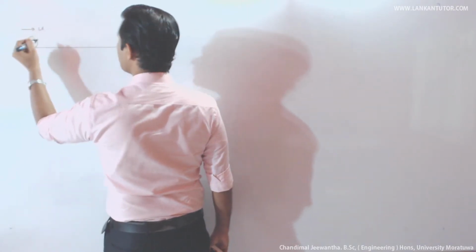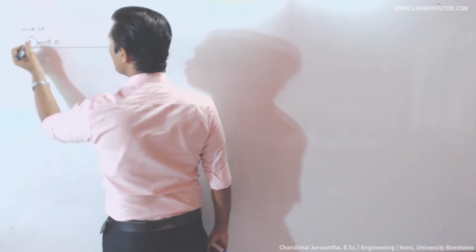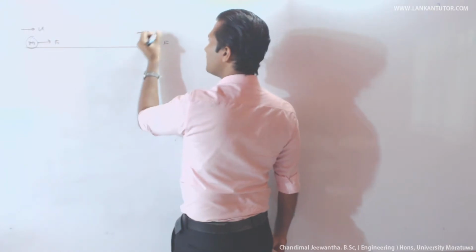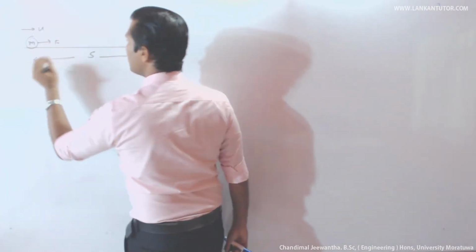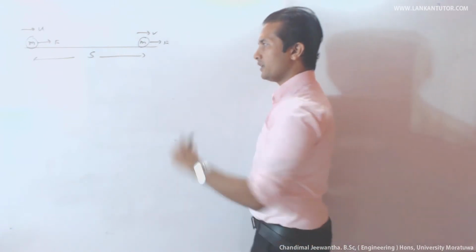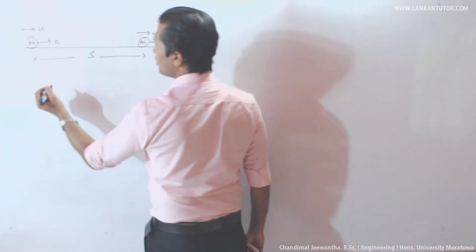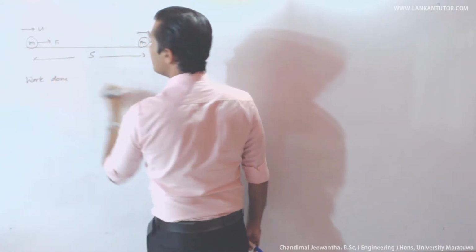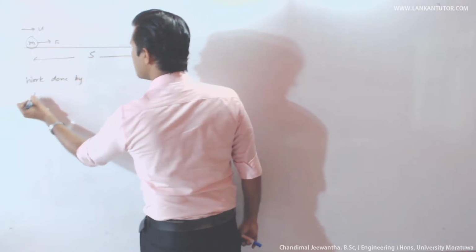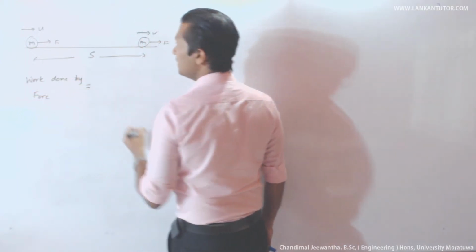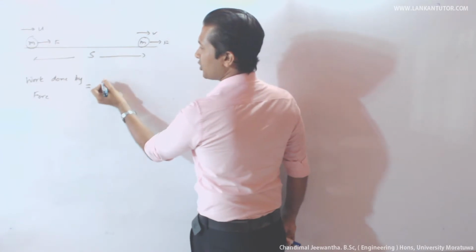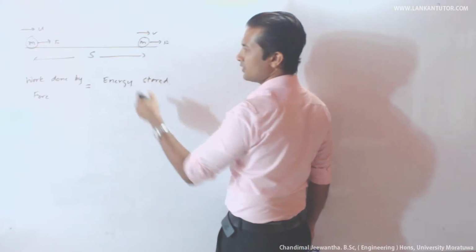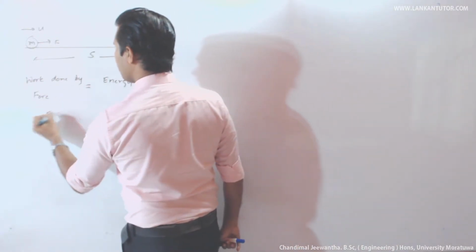Take the initial velocity of the object as u and the final velocity as v during a displacement of s. So we can conclude the work done by the force is equal to the energy stored. The work done by the force, that is F into s.